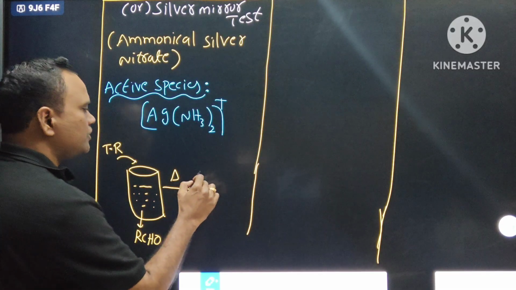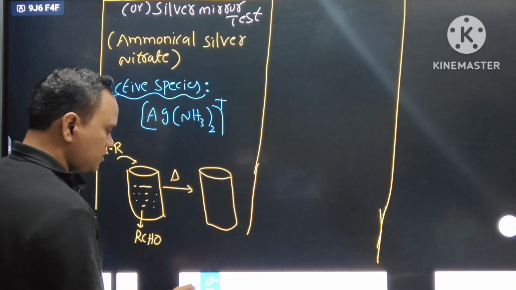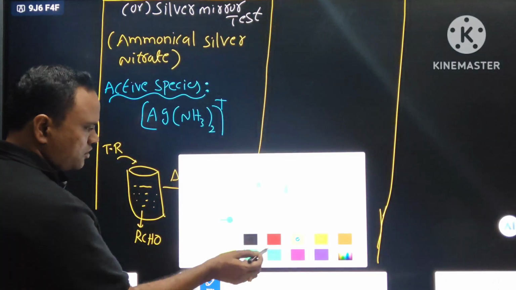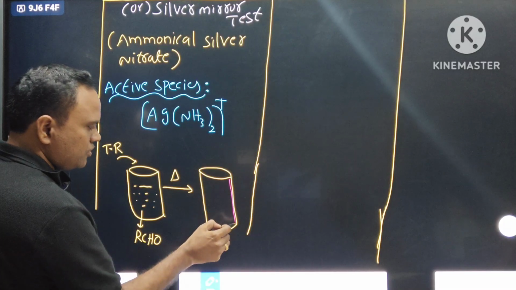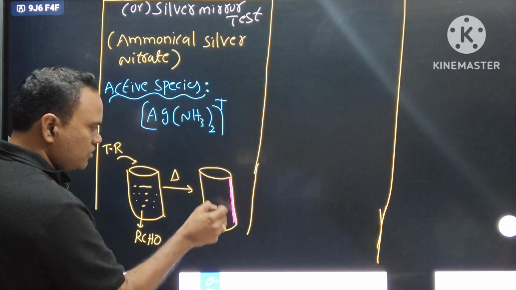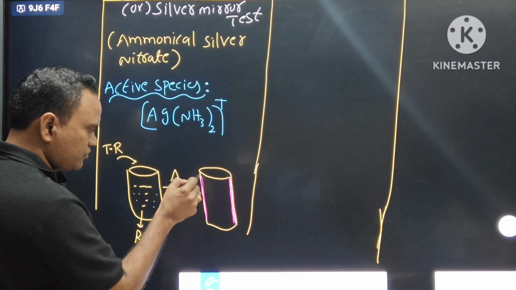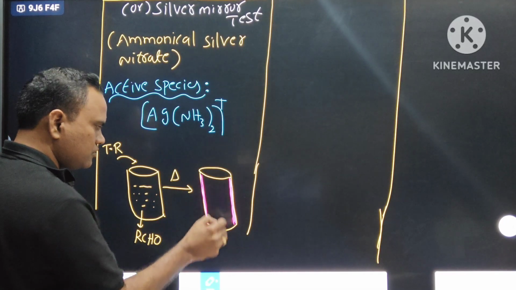After some time, what you will observe, this is very important. This procedure we are discussing is important. You will observe formation of silver coating on the inner walls of the test tube. This is silver coating. Silver layer is formed.